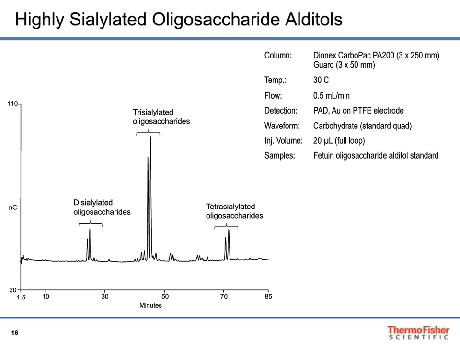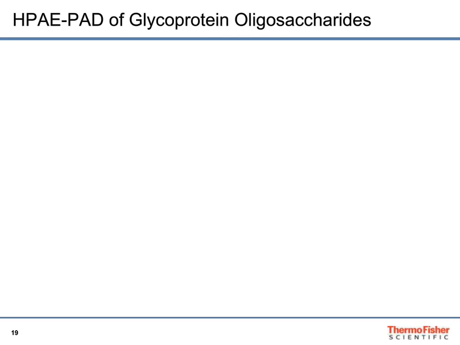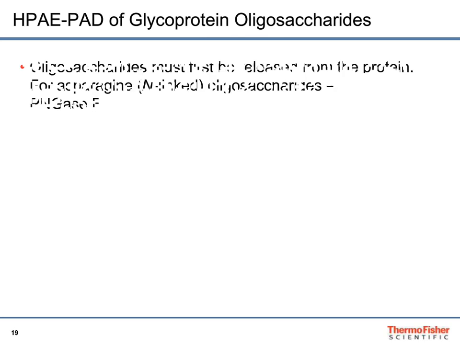So let's look at what it takes to do HPAE-PAD glycoprotein oligosaccharide analysis. First, we need to release the oligosaccharide from the glycoprotein. For N-linked, or asparagine-linked, oligosaccharides, the most common way of doing that is using an enzyme called PNGase F, an amidase. As I'll show you in a bit, it cleaves the oligosaccharide straight from the asparagine of the glycoprotein.